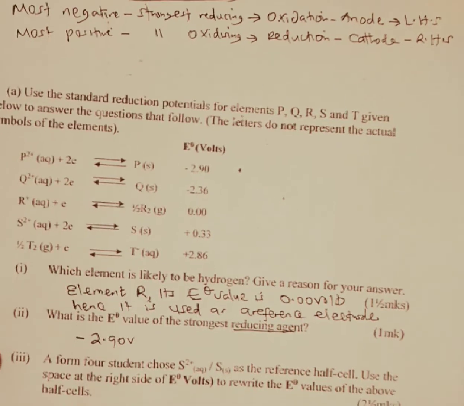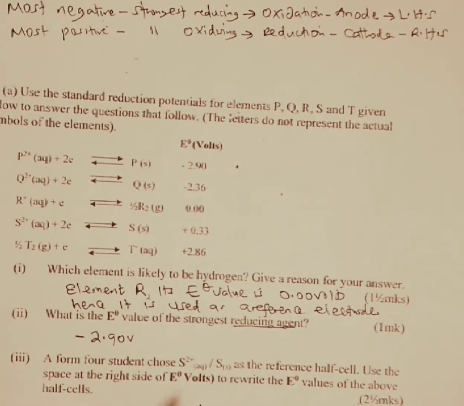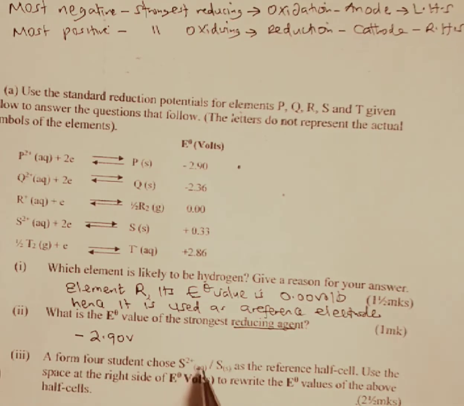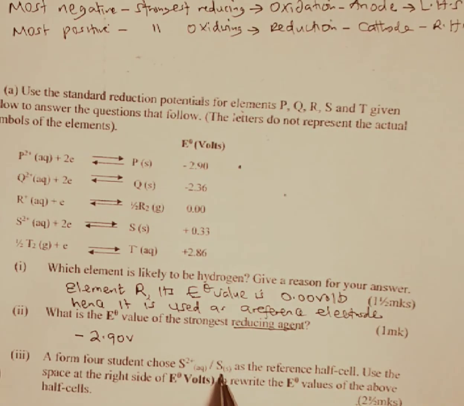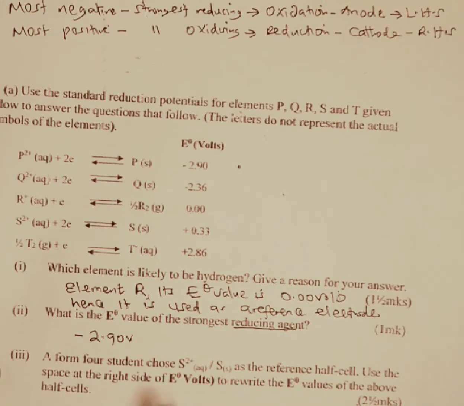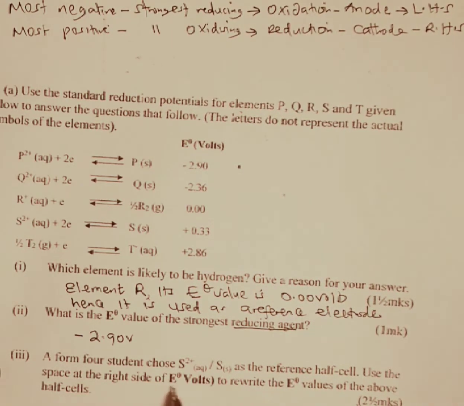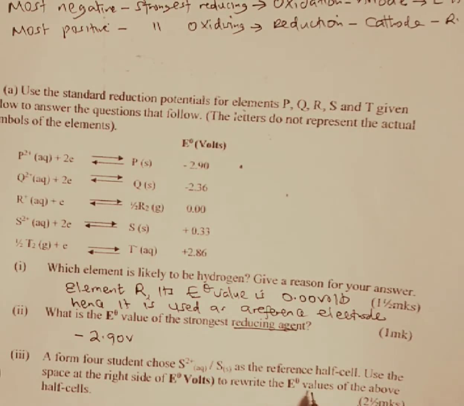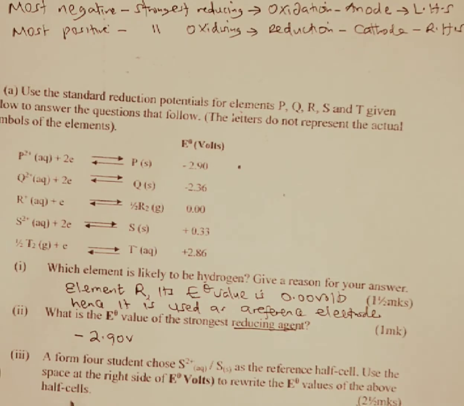Roman 3, our Form 4 student chose S half cell as the reference half cell. Use the space at the right side of the E theta value in volts to rewrite the E theta values of the above half cells.